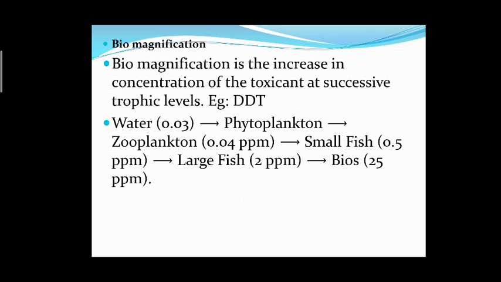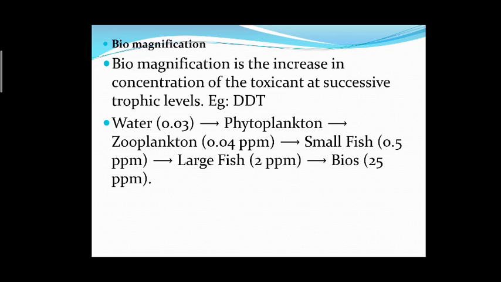For example, water contains 0.003 ppb, parts per billion. Then phytoplankton, not mentioned in the NCERT textbook, but after the water body comes phytoplankton. Then zooplankton have 0.04 ppm, parts per million, because many phytoplankton are required for a zooplankton.